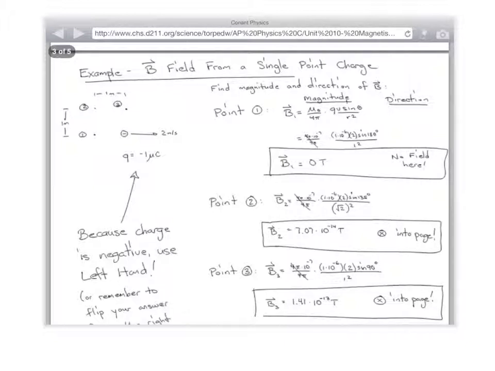And then the other 2 points. For this one, what angle do we use? 135 or 45, right? So sine of 135. And for this one, what angle do we use? 90 degrees. Good. I like the one that's straight up better.